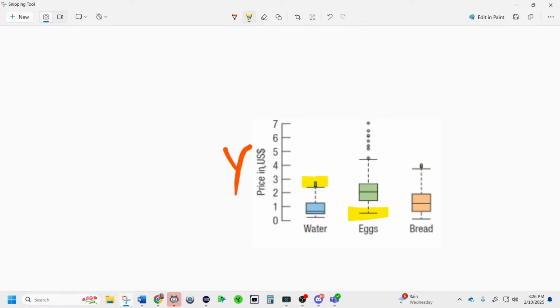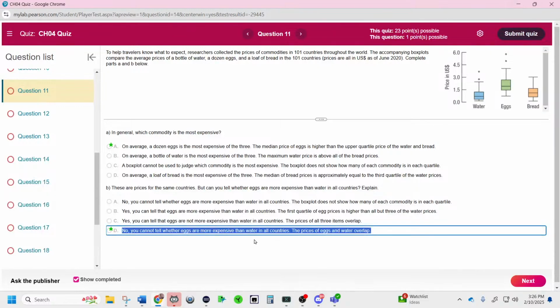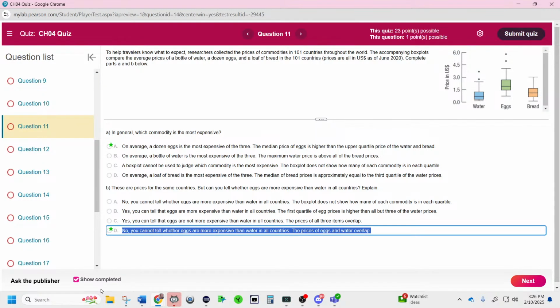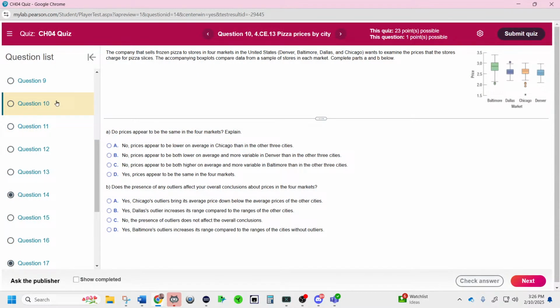So it could be the case that water is more expensive than eggs in this country, and I guess this is us right here right now, and then water somewhere in there. Does that make sense? I would preferably say I don't know the pairings of all the points. Just the way they phrase it, with the overlap, there's the possibility that there could be countries with more expensive eggs or more expensive water. It's very hard to tell.